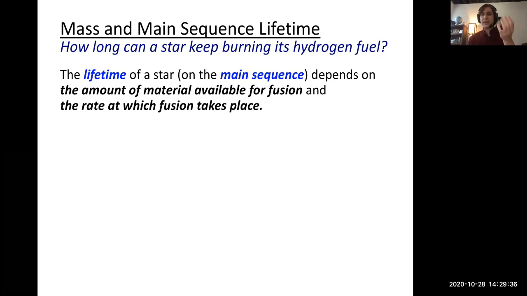So we have an amount of fuel, a fuel supply, and then we have the rate that we're burning the fuel at. We can use those to figure out how long a star will live. How long can it continue fusing hydrogen into helium in its core until it runs out of hydrogen? The analogy here would be that you know how many miles per gallon you get in your car. You know how many gallons you have in the tank, how much hydrogen you have in the core.